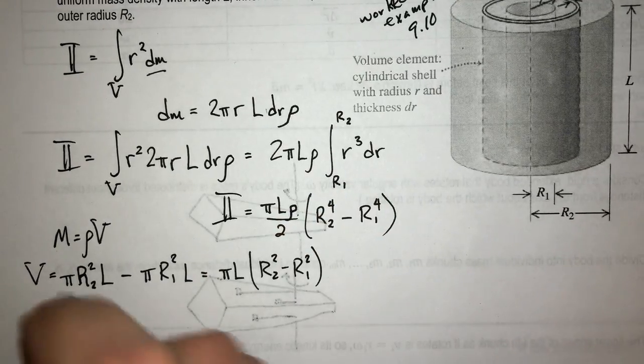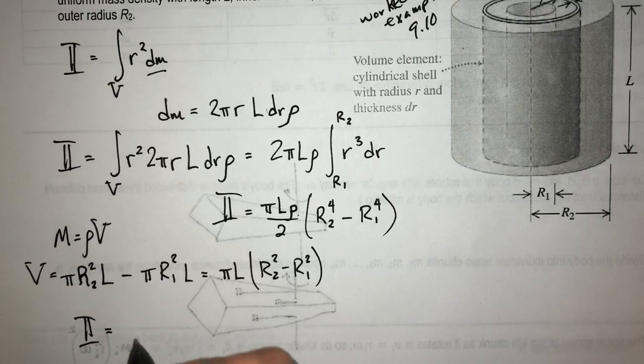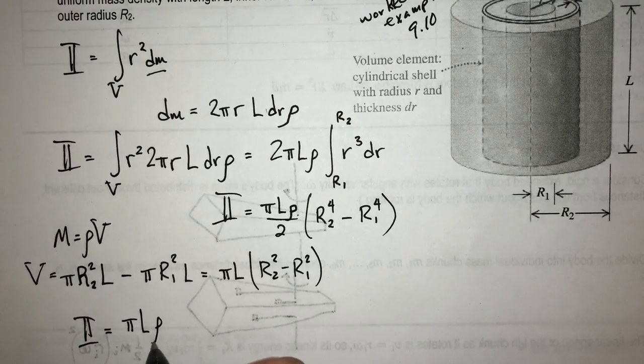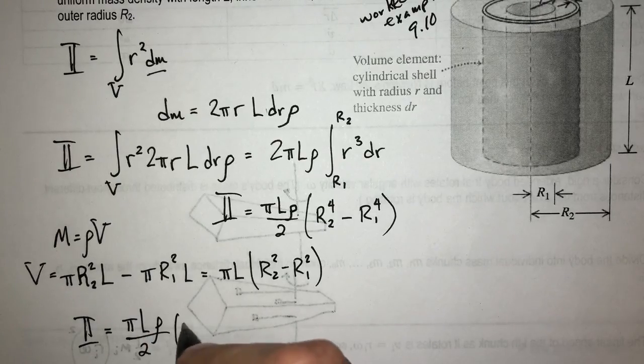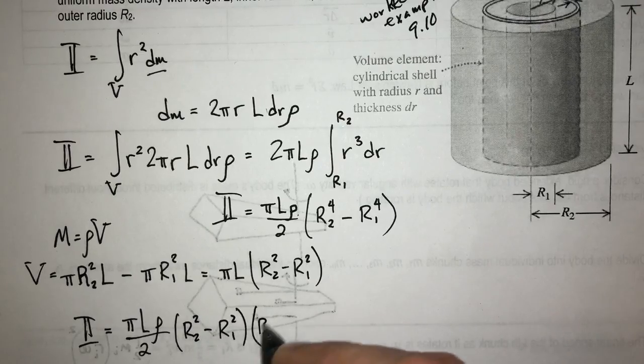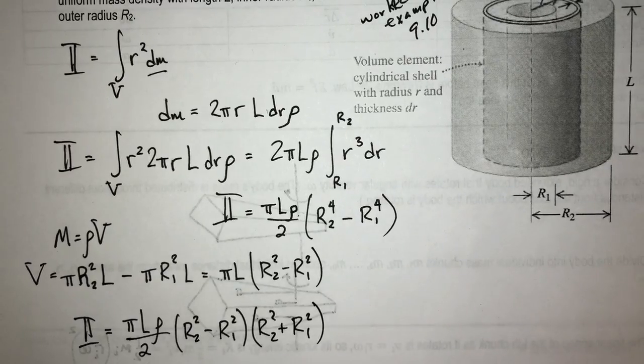We could factor that so that the moment of inertia is pi L rho over 2 times (R2 squared minus R1 squared) times (R2 squared plus R1 squared).